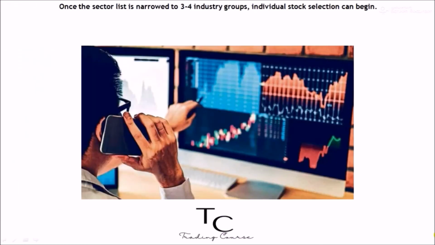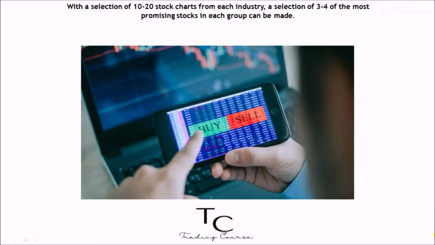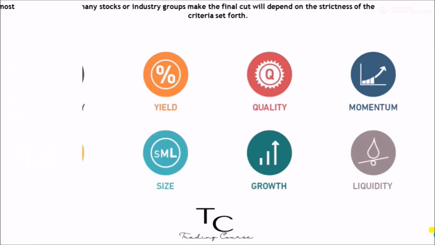Once the sector list is narrowed to 3 to 4 industry groups, individual stock selection can begin. With a selection of 10 to 20 stock charts from each industry, a selection of 3 to 4 of the most promising stocks in each group can be made.